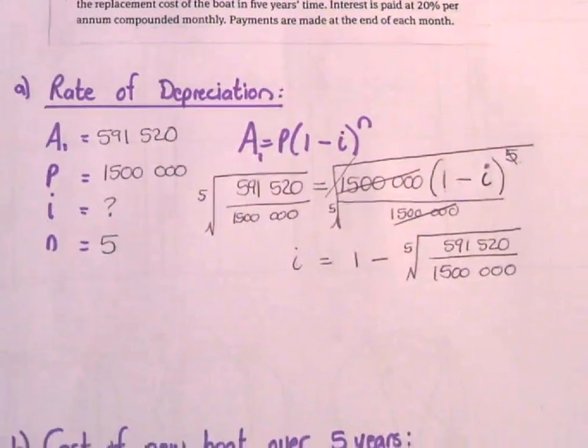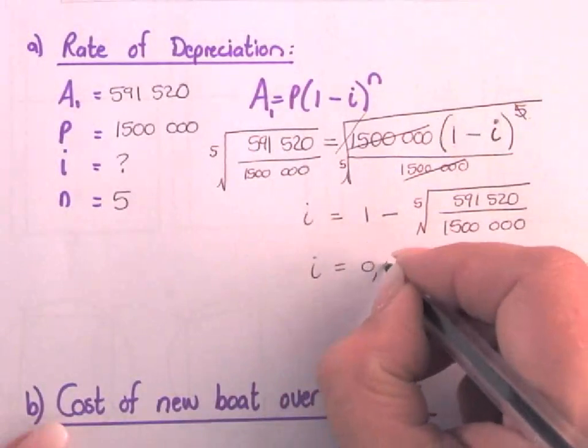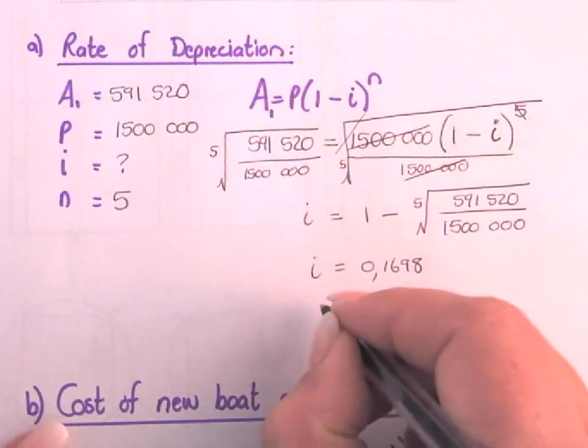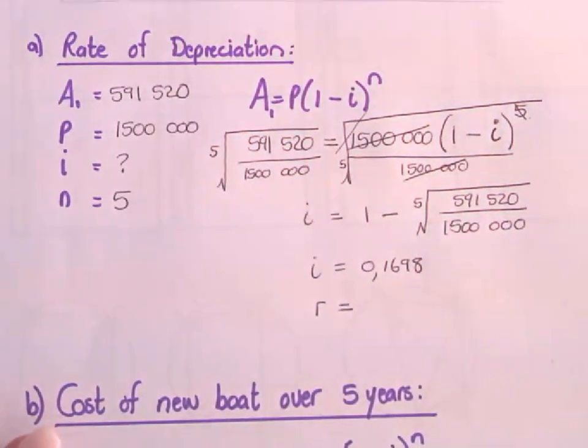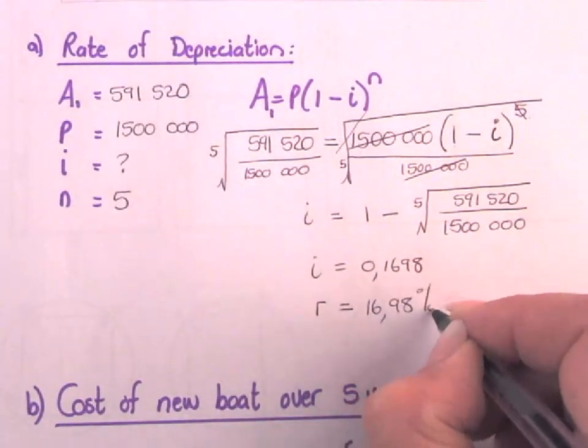And if you calculate that, you get that I equals 0.1698. I want the rate. How do I move from I to rate? Multiply by 100, so it's 16.98%.